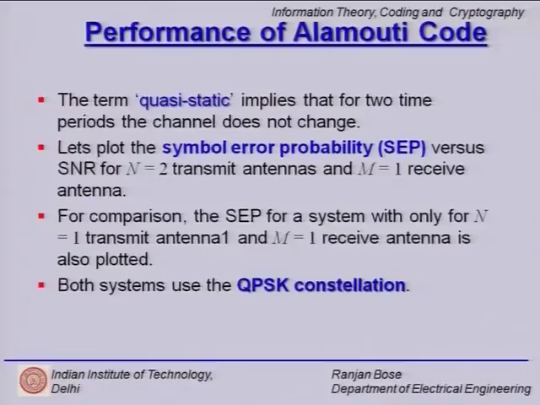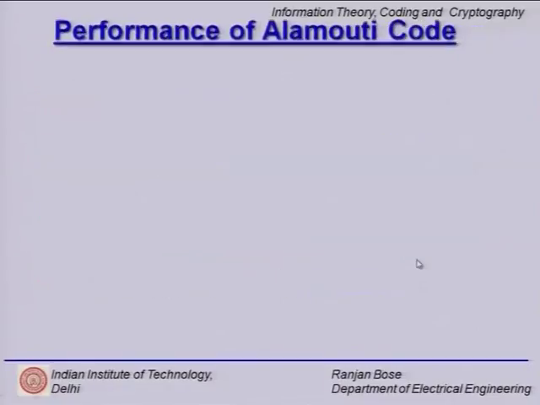But how do we compare? Did we gain anything? So, we consider the case when it was a single antenna system, n equal to 1. We plot that curve also and compare how much Alamouti is giving us. Let us say both of them are using the QPSK constellation.